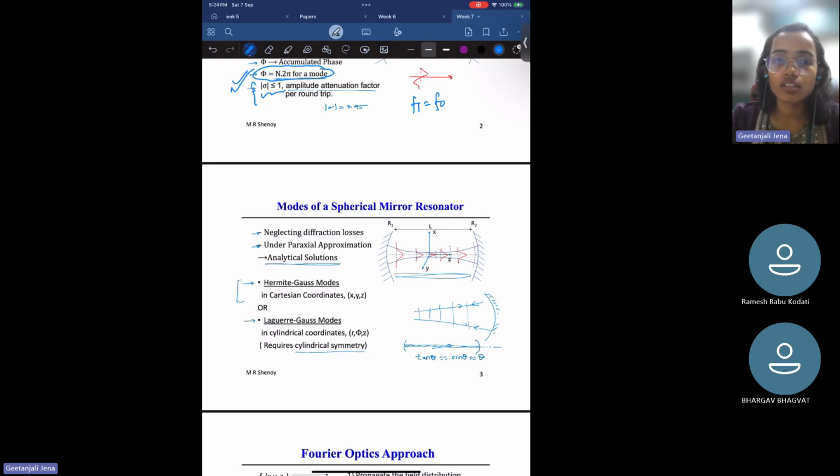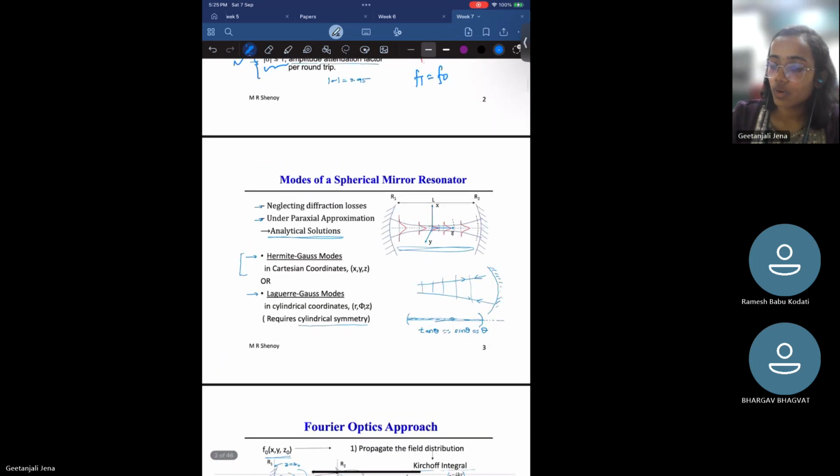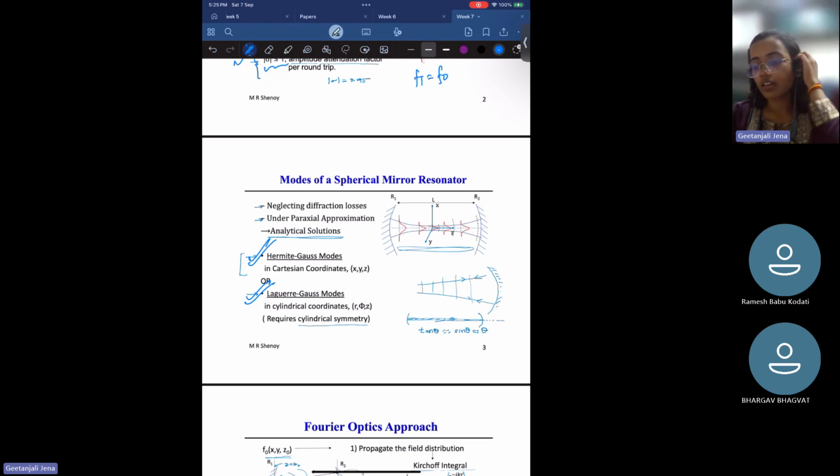Okay. And in this spherical mirror resonator, we have seen the solutions. So if we neglect the diffraction loss, and if we take the paraxial approximation, that is, the ray makes a small angle with the optical axis, under this condition the analytical solutions we get are one is the Hermite-Gauss mode and one is the Laguerre-Gauss mode. In the first case, we solve the ray propagation in the Cartesian coordinates, which is x, y, z.